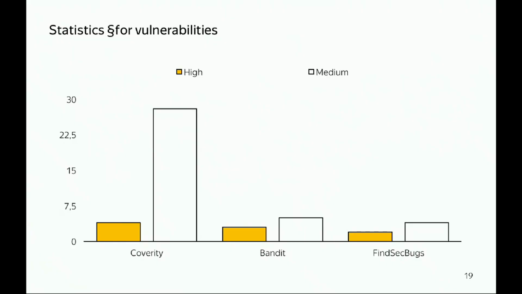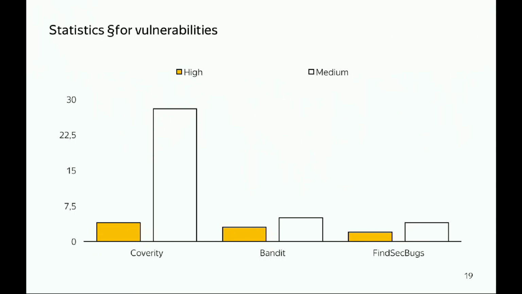Let's go to some statistics and summary. If we look at our month, it's about the month statistics. If we look at the statistics of vulnerabilities, we found several using Coverity. We found a few with Bandit and a small amount with FindSecBugs.